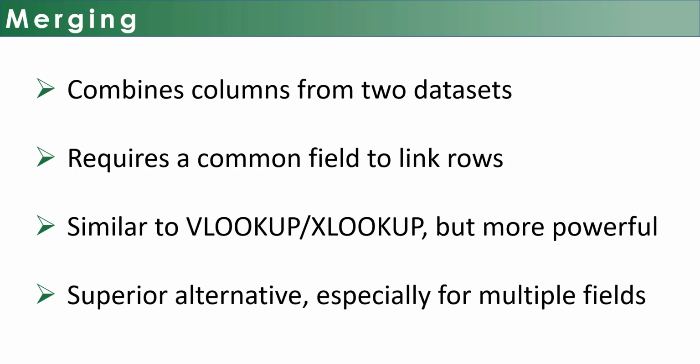Now again, if this sounds anything like a VLOOKUP or XLOOKUP function to you, you're right on. It basically is, albeit a more powerful one, with far more options for customization. And to that, the example we're about to walk through is going to demonstrate how merge operations in Power Query can be a superior alternative to VLOOKUP and XLOOKUP, especially when you want to pull in more than one field from your second dataset.